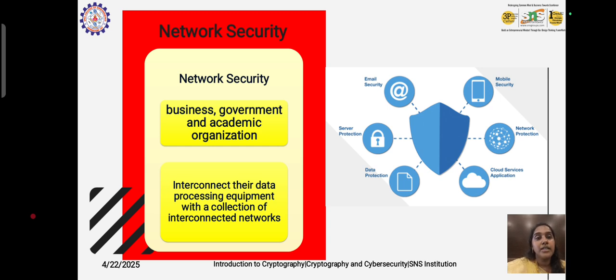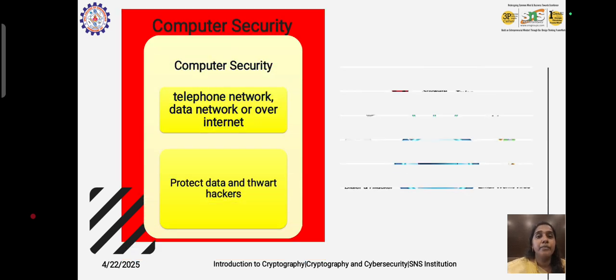Server protection means your server must be protected from others. Data protection means data must be protected from unauthorized persons. Mobile security means other persons should not take your mobile and your information. Network protection means the networks must be protected. Cloud service applications will be secured with the help of the network.